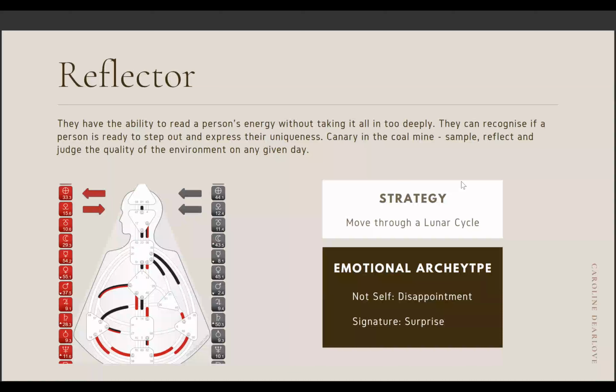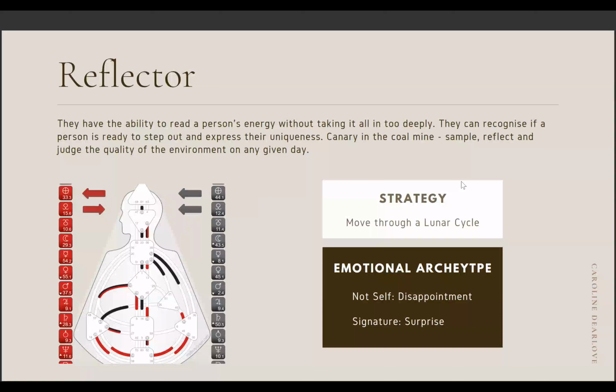They are going to reflect you. So they are able to really sense how another person, or people, a community, are feeling or thinking or experiencing. So they're really tasting everybody's energy as they move through their day.